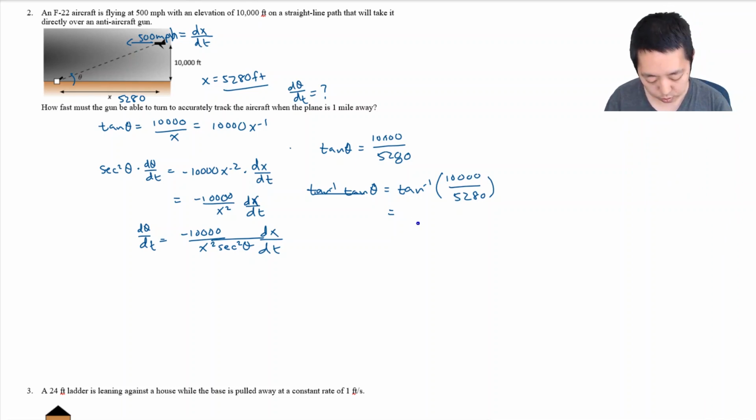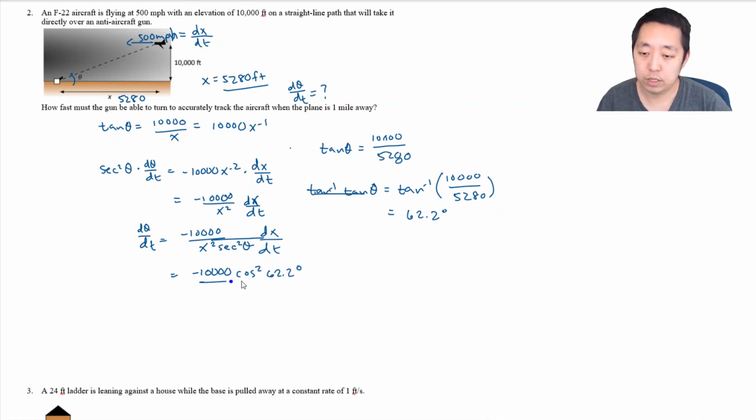I can do tan inverse, which is 62.2 degrees. Okay, so now I can do this. This 1 over secant squared is really cosine squared. So this is going to be negative 10,000 cosine squared 62.2 degrees divided by x, which is 5,280 feet, squared, times dx dt.